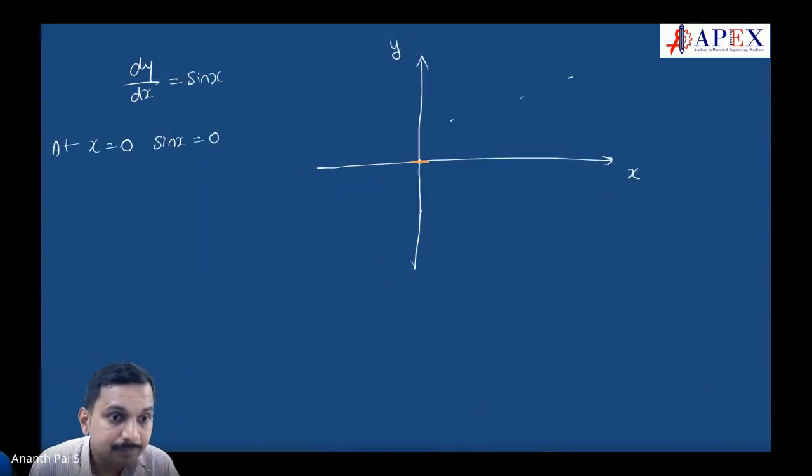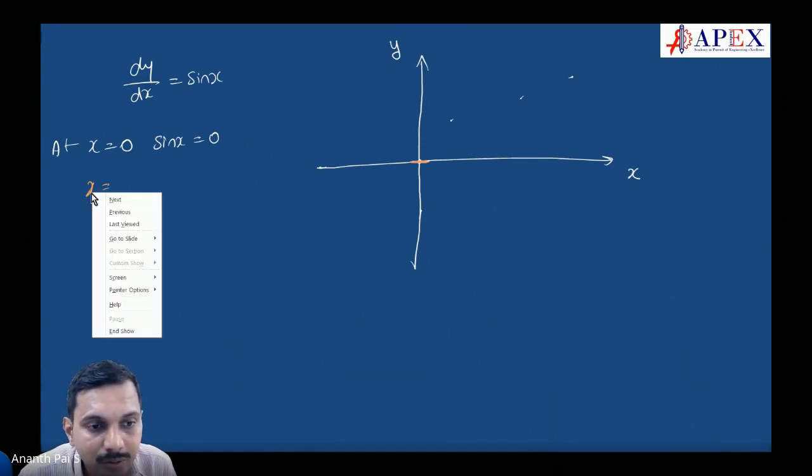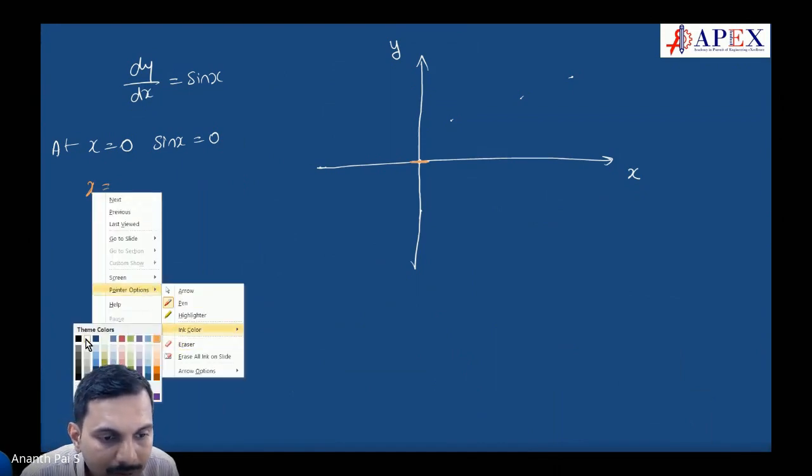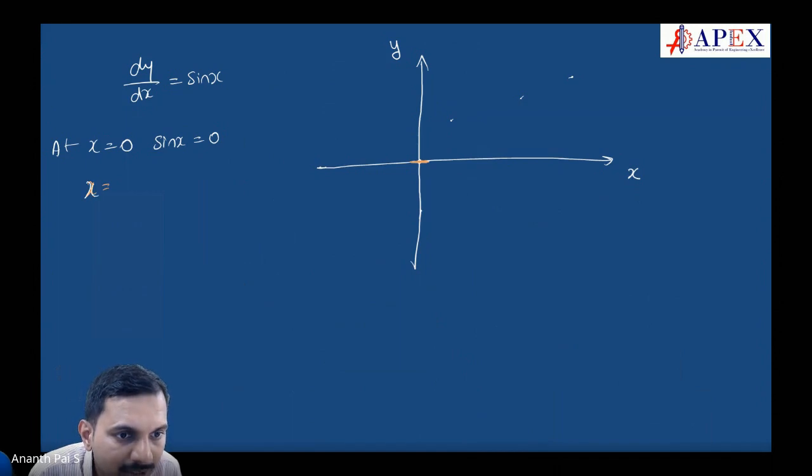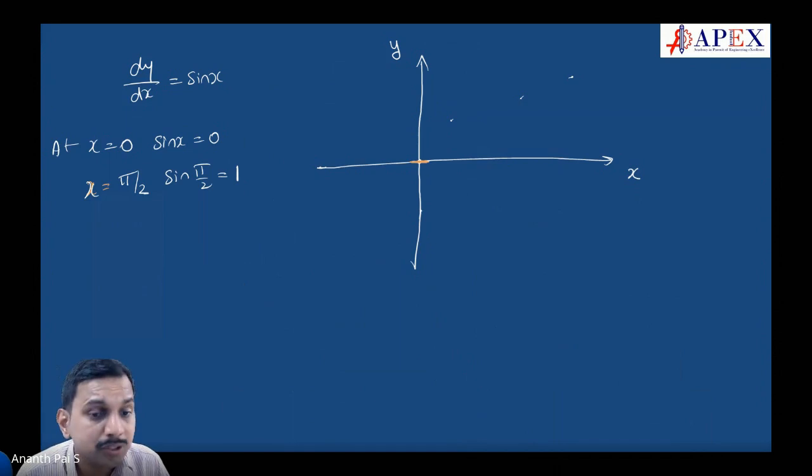Or for example, if I say at x is equal to pi by 2, what is the slope? Sine pi by 2 is how much? 1. Sine pi by 2 is 1 means a 45-degree angle. Here we are not talking about y at all. dy by dx is not dependent on y at all.